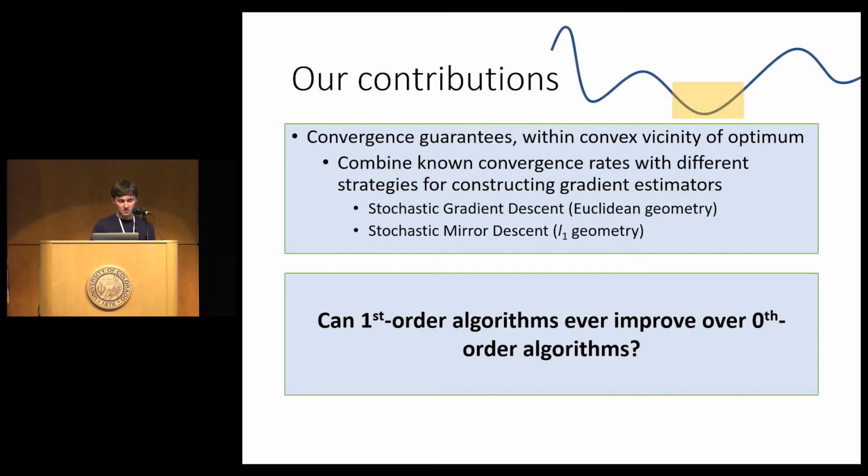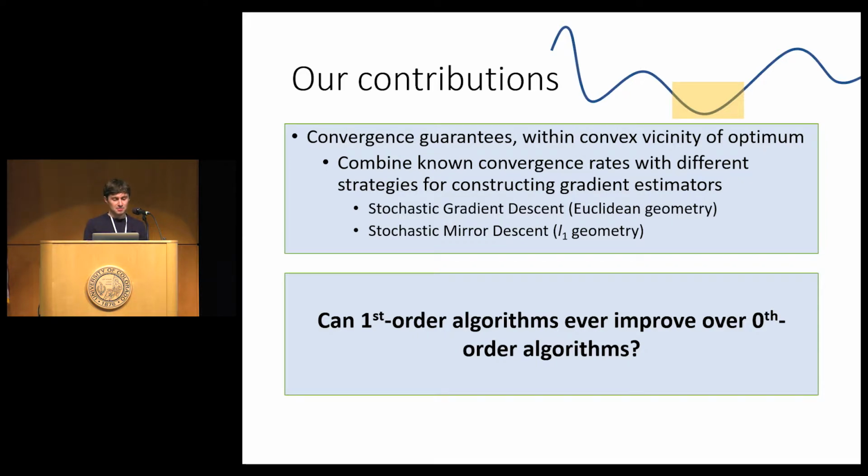For the first question, we obtain provable convergence guarantees that apply when the algorithm is within some convex vicinity of an optimum. Schematically, if you look at the picture at the top, this setting applies when the algorithm is trying to optimize within this yellow region, for example.